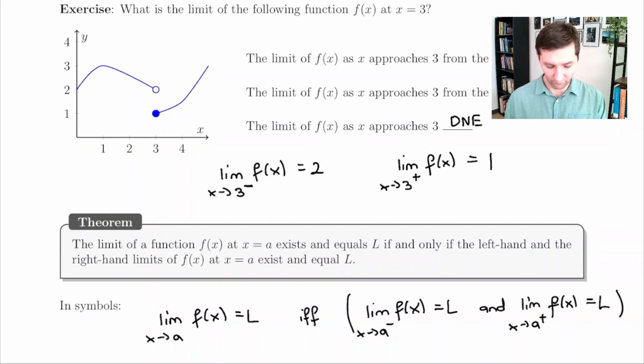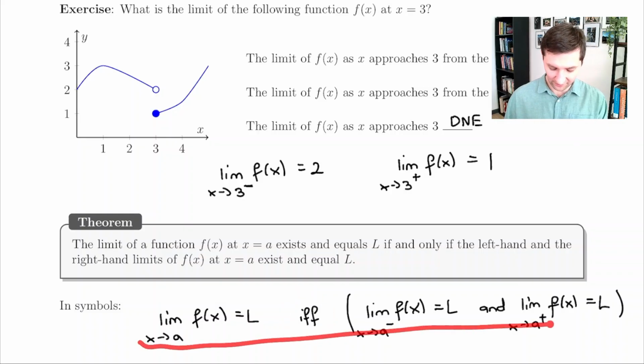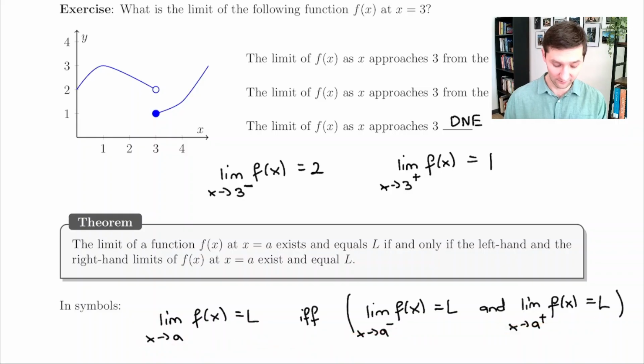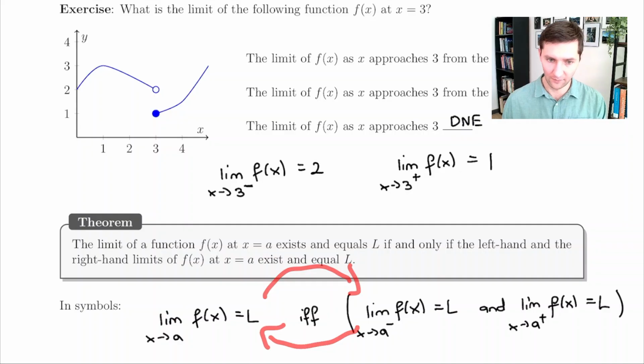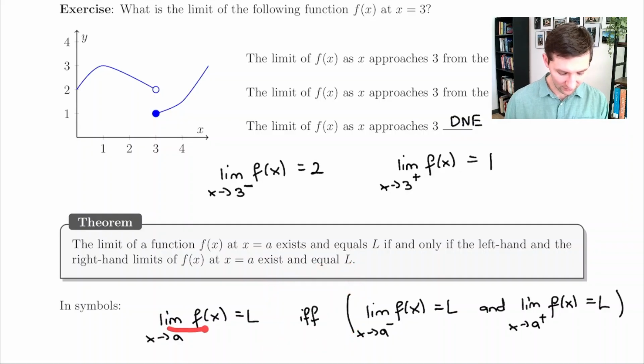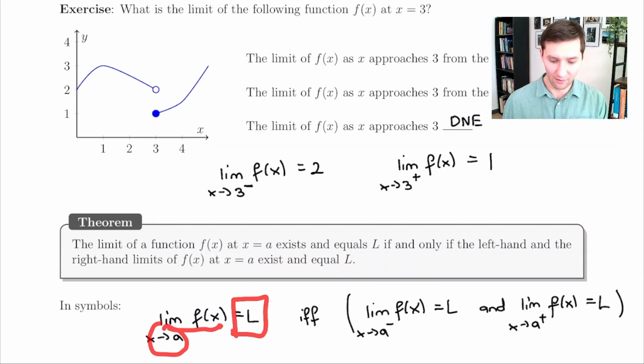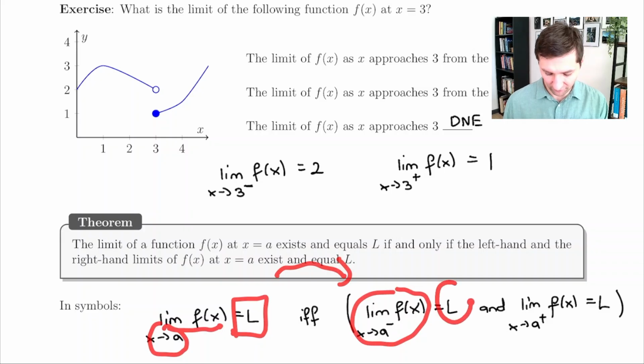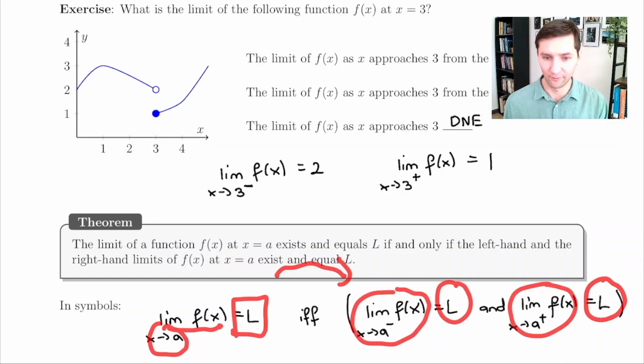The meaning of if and only if is the following. This is a sentence that works both ways. It works this way and it works this way. For example, if a limit of some function at some number a is, let's say, 5, then the left-hand limit at that number is also 5, and the right-hand limit at that number is also 5.